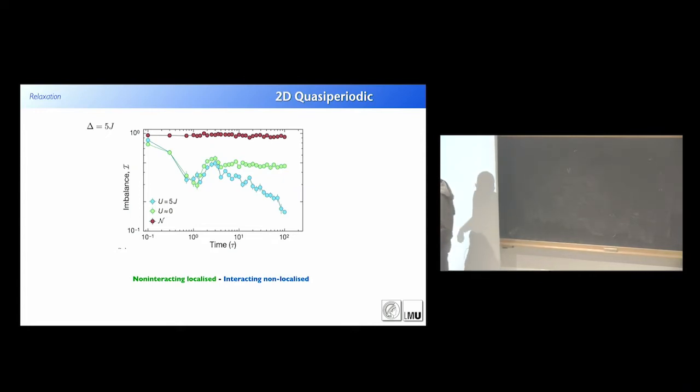This is this finite imbalance that you get for the Anderson localized state. And then for the same parameters, you just crank up the interactions to about 5J, and you see how this localized state just decays. So there's no localization anymore, it just decays. Everything else constant. Really a very dramatic effect: just adding mild interactions to the system, you immediately see how this completely decays.